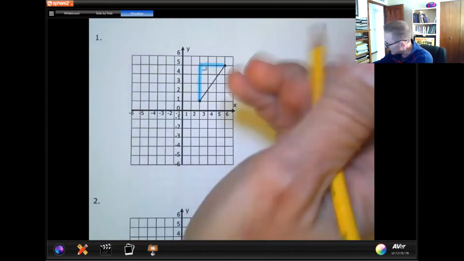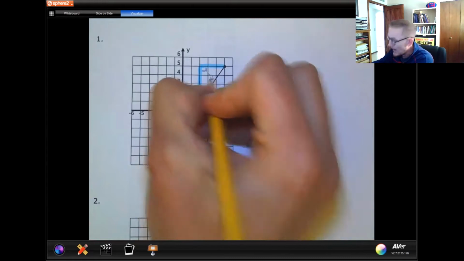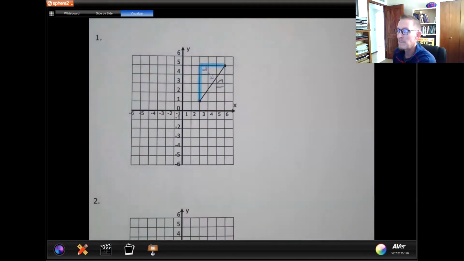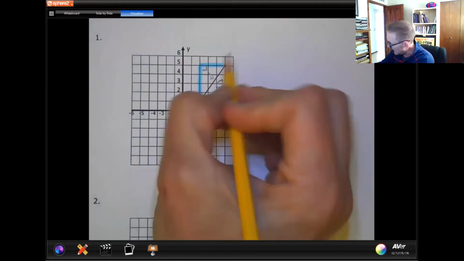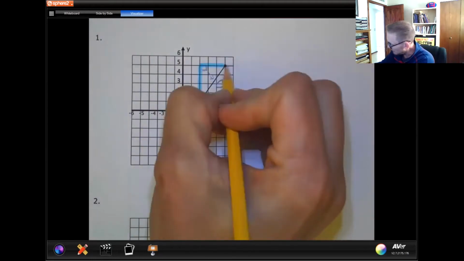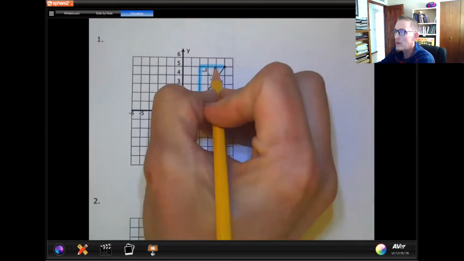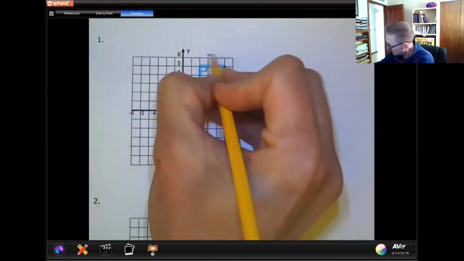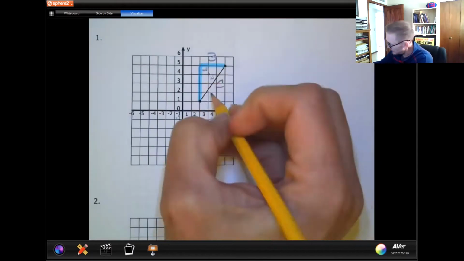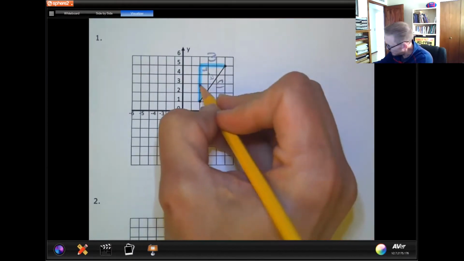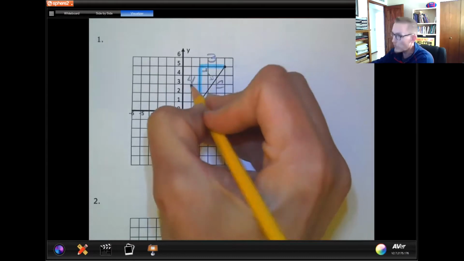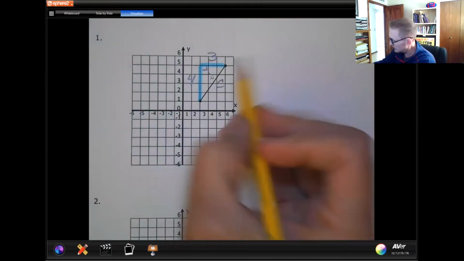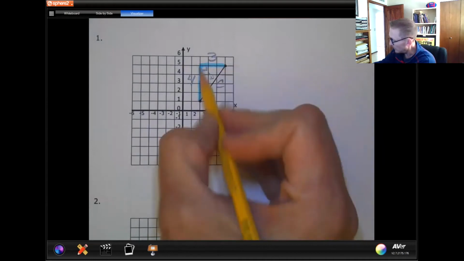That's key because that means this diagonal line is always going to be side C. Then if we look at sides A and B, the ones that make the little box, this one is 1, 2, 3 squares, and this one is 1, 2, 3, 4 squares. So the distance of sides A and B are 3 and 4.